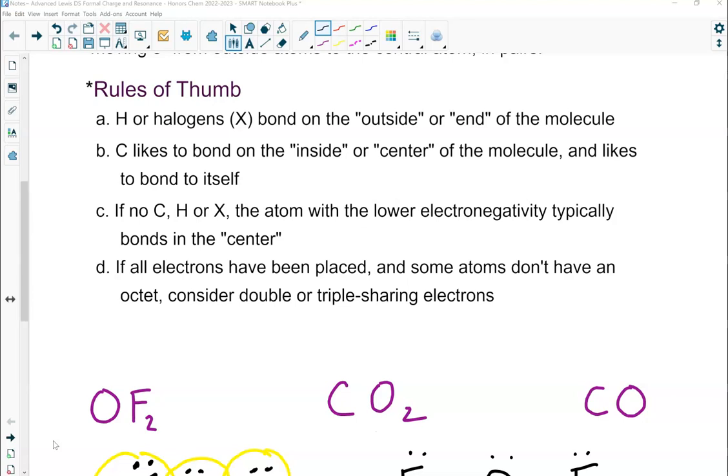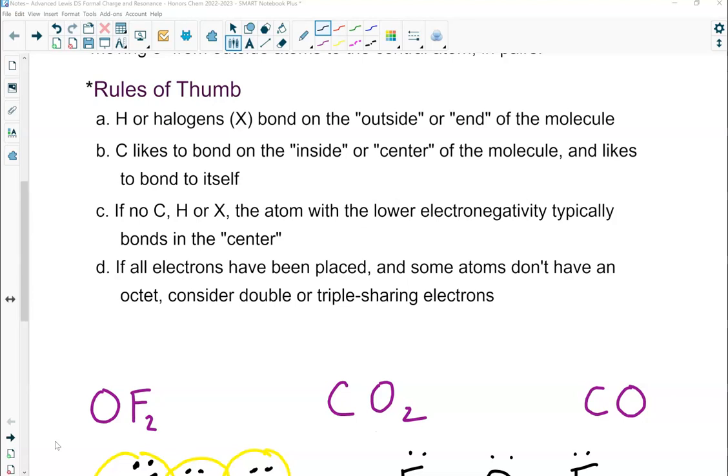But anyway, if your molecule contains hydrogen or any of the halogens, they like to bond on the outside, or on the ends. They are not usually in the middle. In fact, hydrogen never is bonded in the center of anything. Sometimes halogens can do that, but it's rare. So if I have a halogen, I'm going to put it on the outside.